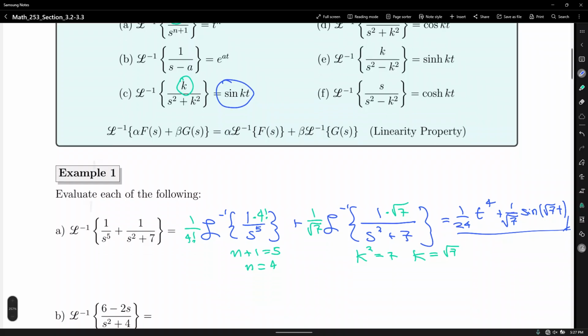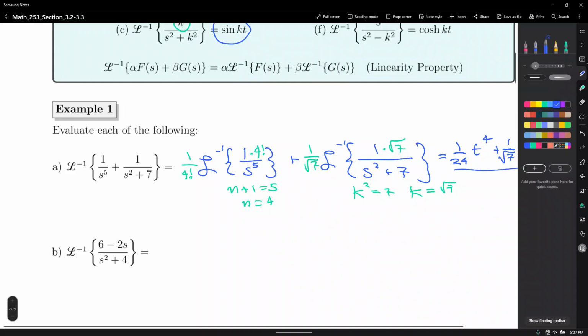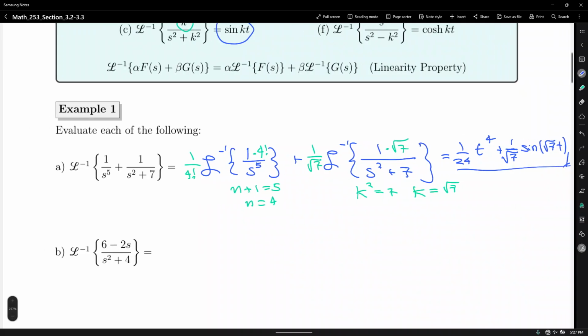All right. That being said, let's have a look at the next example. The next example is a rational expression with two terms in the numerator. So what I would like to do here is to split this into two. So this will be the inverse transform of 6 over s squared plus 4 minus the inverse transform of 2s over s squared plus 4.